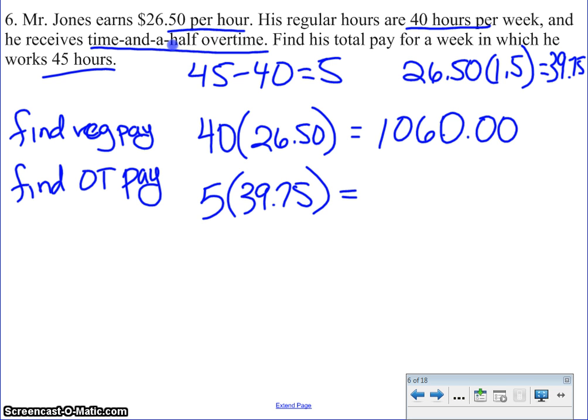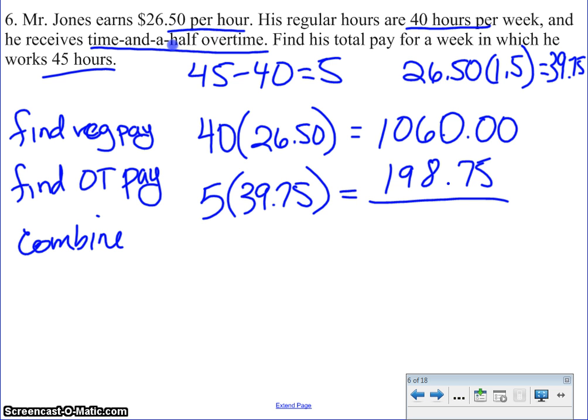When we multiply it together, we get $198.75. And my last step is to combine. So 1,060 plus the 198.75 gives me a total of $1,258.75 is his total pay.